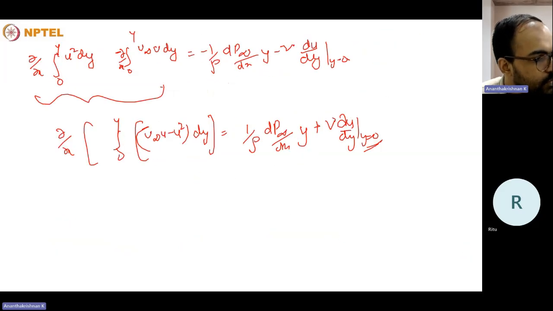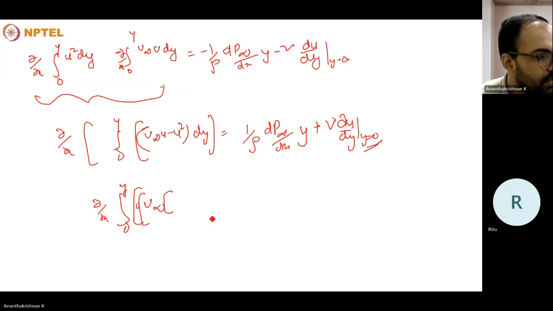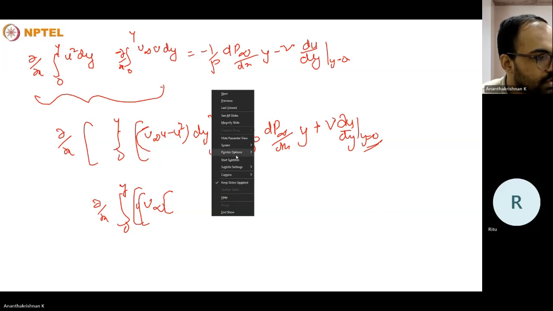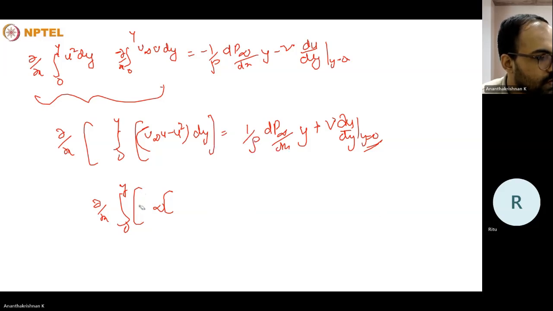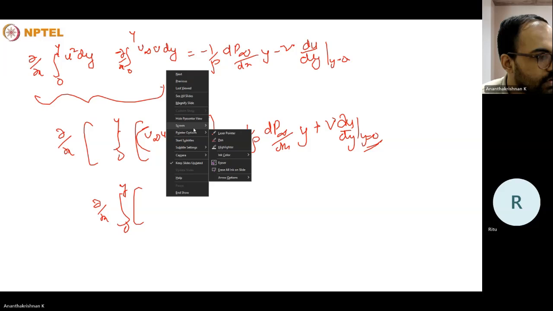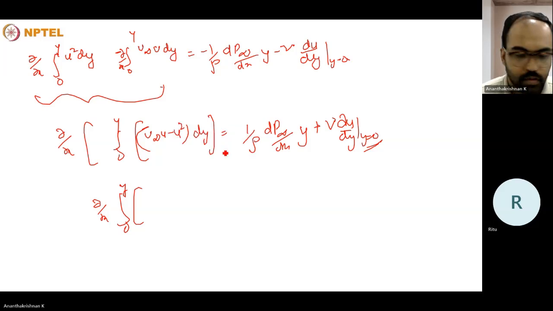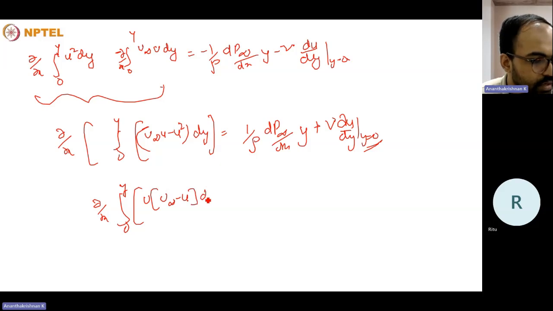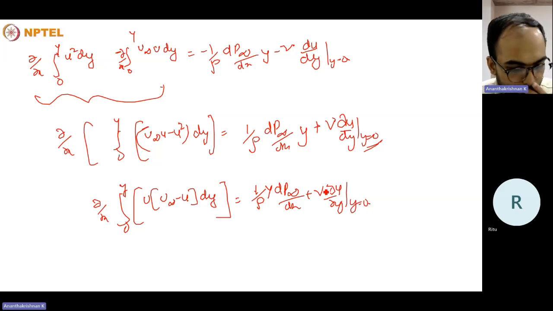So it will be dou by dou x of integral of 0 to y of u into u infinity minus u, equal to 1 by rho y dou p infinity by dou x plus mu dou u by dou y at y is equal to 0.